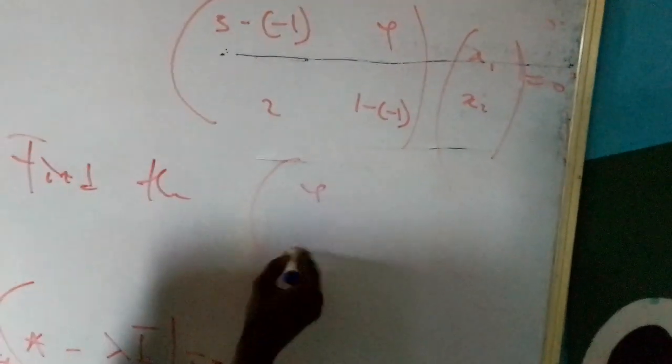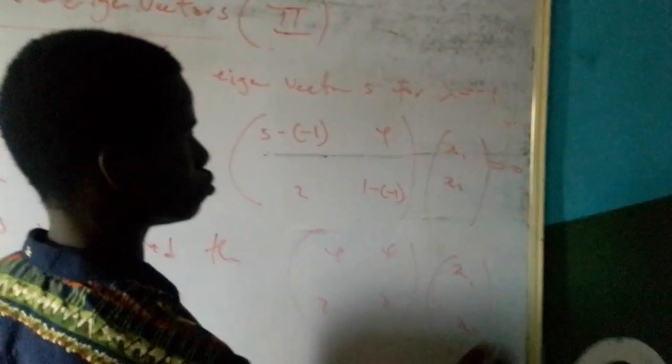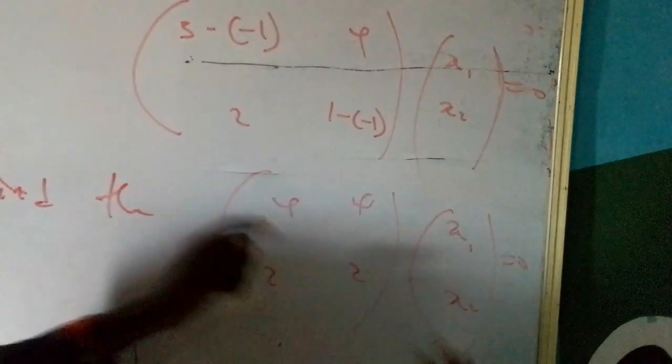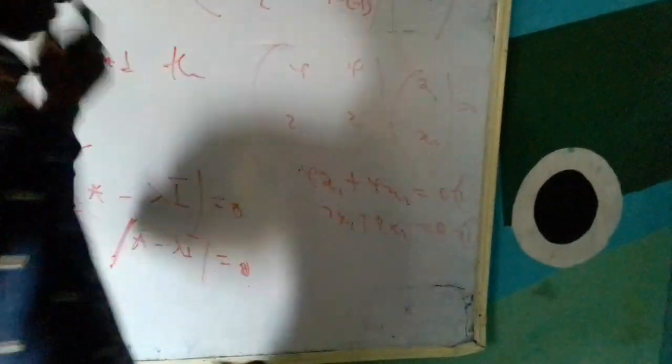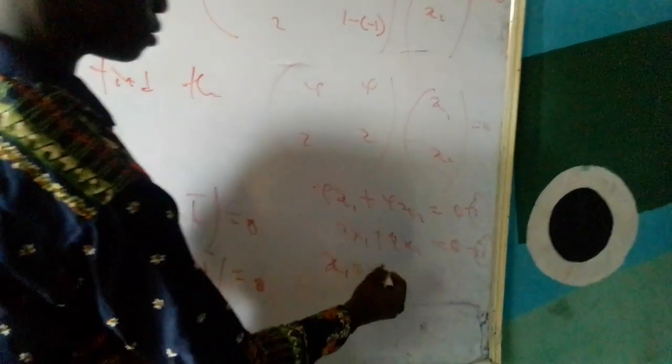From this you can see that this is 4, 4, 2, and 2. So we have x1, x2 equals 0. With matrix multiplication we get 4 times x1 plus 4 times x2, and 2 times x1 plus 2 times x2, equals 0. So we have 4x1 plus 4x2 equals 0 and 2x1 plus 2x2 equals 0. This can be called equation 1 and equation 2. In both cases, I can quickly infer that x1 equals minus x2.